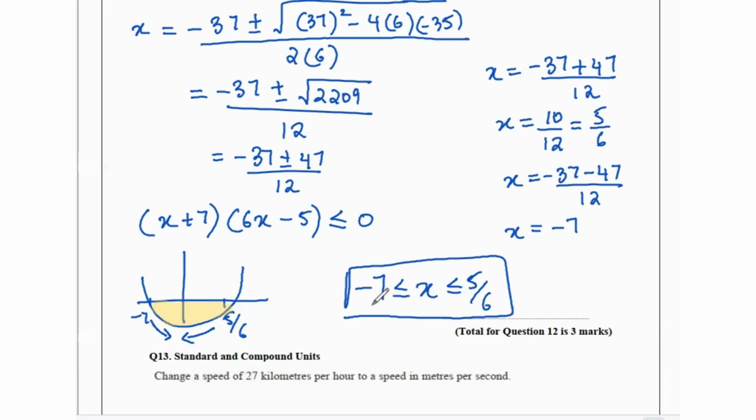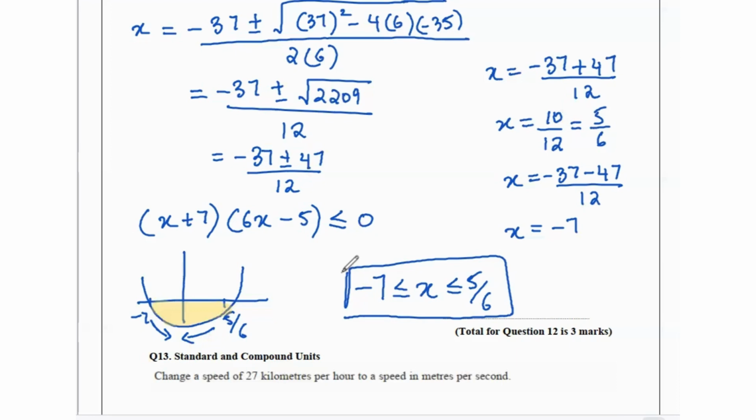If they had asked you to factorize, you would have just written x plus 7 times 6x minus 5. But now, since it's a quadratic inequality, you write your x values as an inequality because it's not equal to something, it's less than or equal to. So keeping that in mind, x is less than or equal to 5 over 6, but greater than or equal to negative 7.